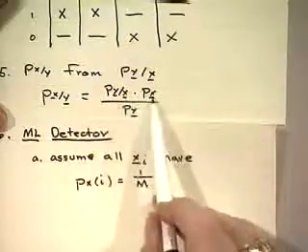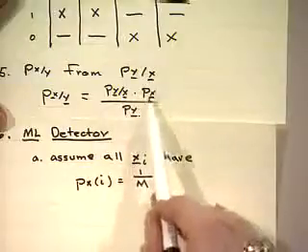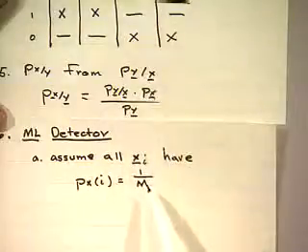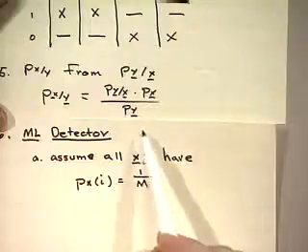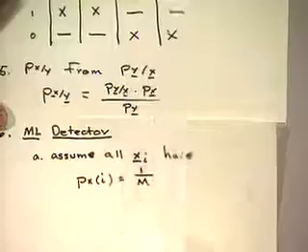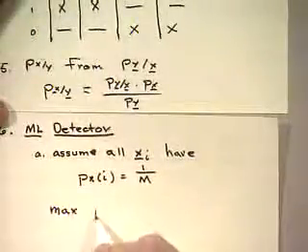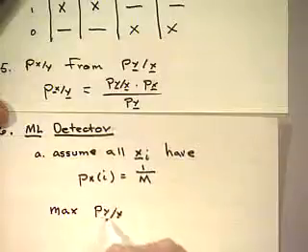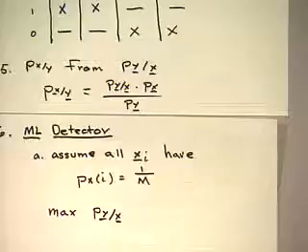So if I'm going to maximize this over x, that drops out of the maximization. So I could look at the numerator alone. Now, P of x is not a function of x because it's uniform. It's 1 over M for each and every message. That drops out too. And so what I would do would be maximize P of y given x.